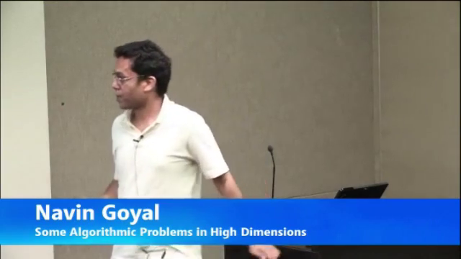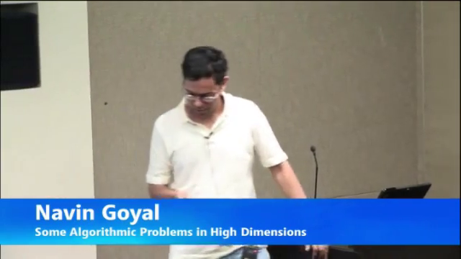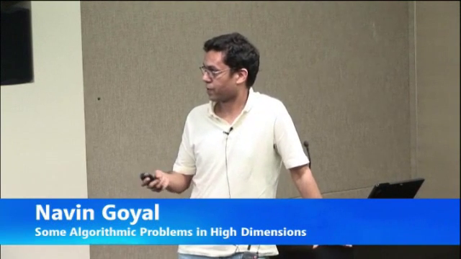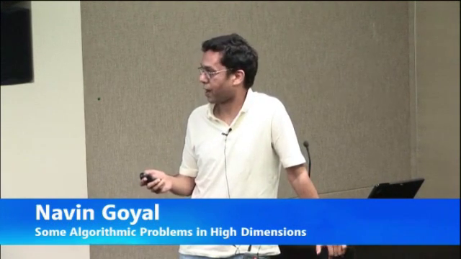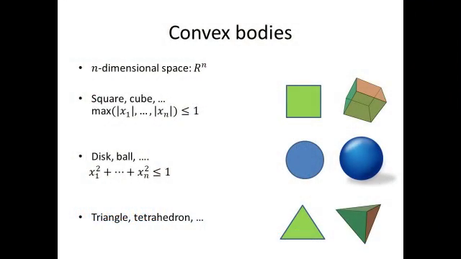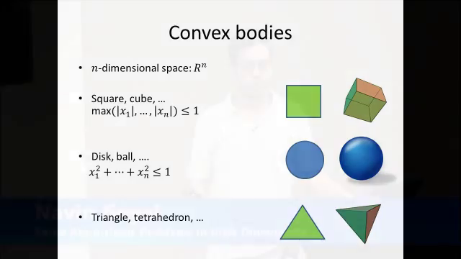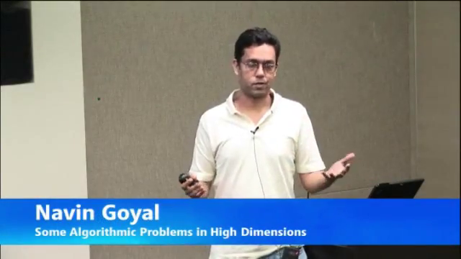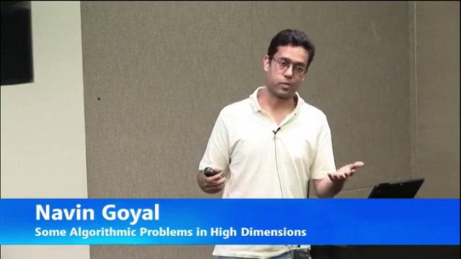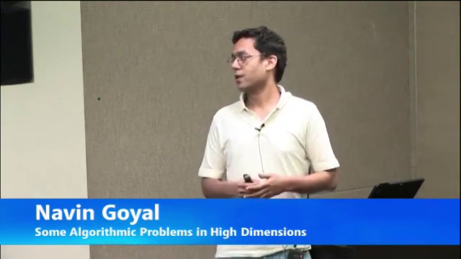Okay, so I'll talk about some algorithmic problems in high dimensions. Most of you have seen things in high dimensions, but let me remind you of a few things. We are all familiar with two-dimensional space and three-dimensional space. A point in two-dimensional space is specified by a tuple of 2 points, in three-dimensional space by a tuple of 3 points.